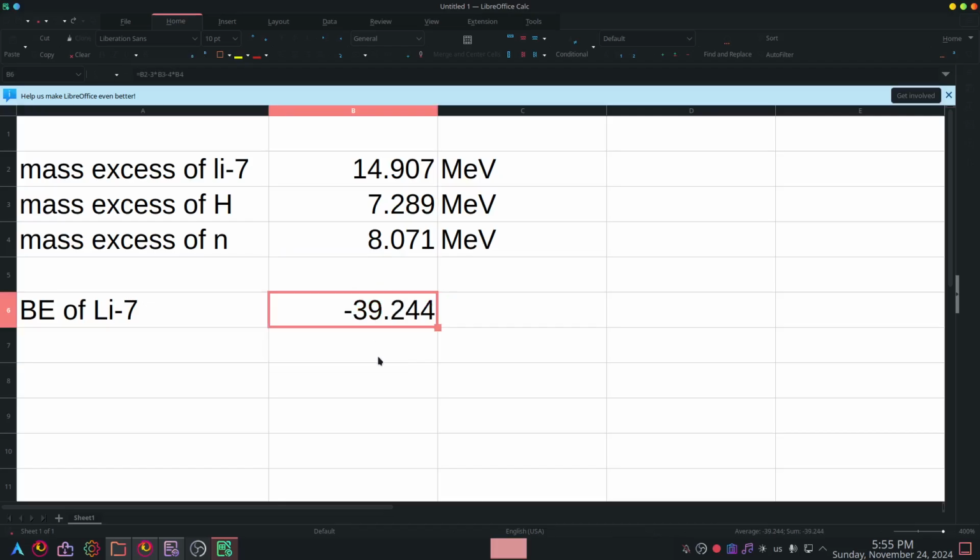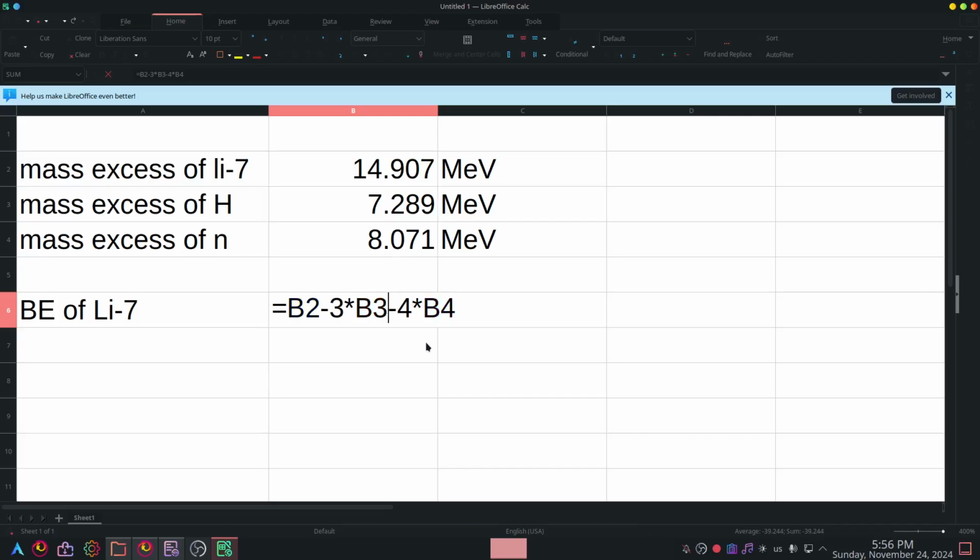Now, binding energy should not be negative. You have to supply energy to break apart lithium 7 into its constituent protons and neutrons. So it should not be negative.